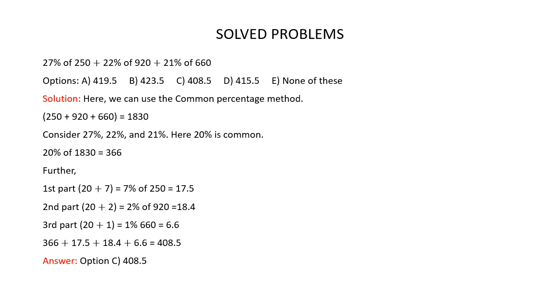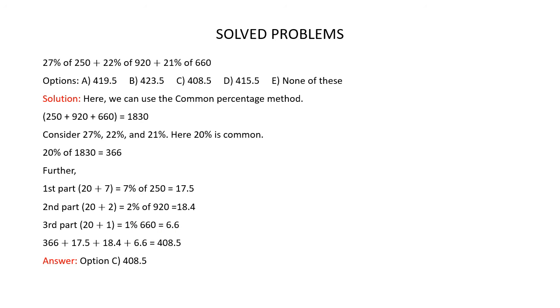Look at the third part, 21% of 660. 21% can be written as 20% plus 1%. Here again you have already found out the value of 20% of 660. So now you only have to find the value of 1% of 660, which is 6.6.